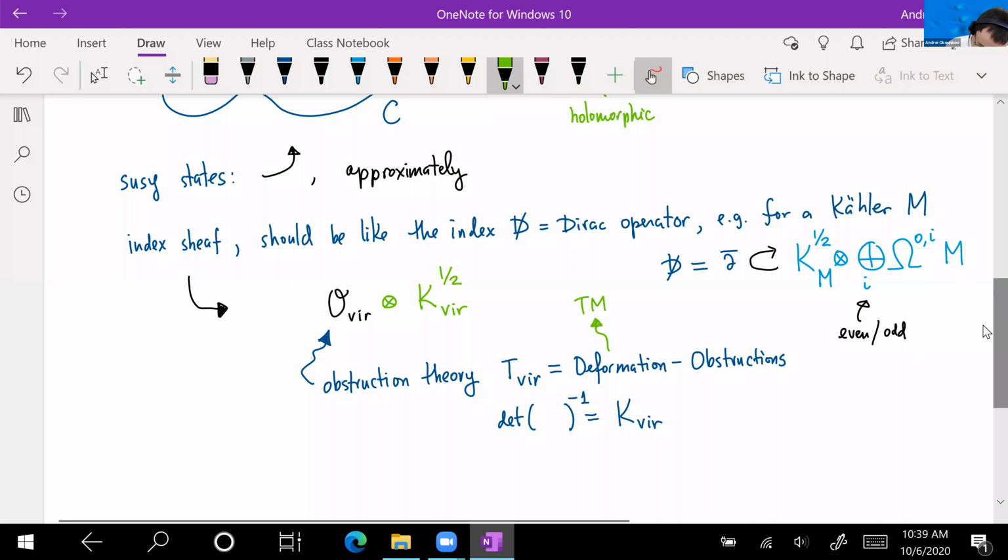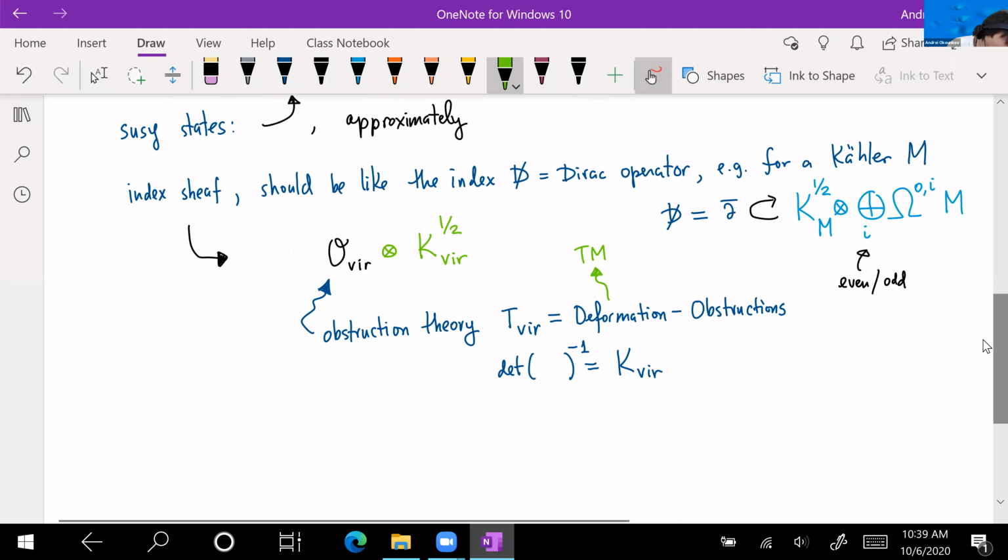Maybe I'll write it like this. So what's the virtual structure sheaf?